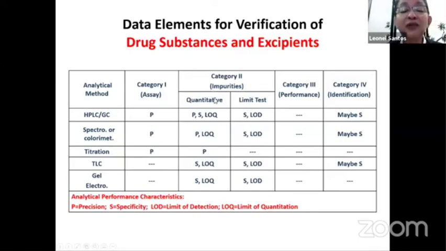For category 2, for impurities, for a quantitative method using an HPLC method, you have to do precision, specificity, and limit of quantitation. Same thing with category 4, identification. But category 3 performance for drug substances and excipients is not applicable.